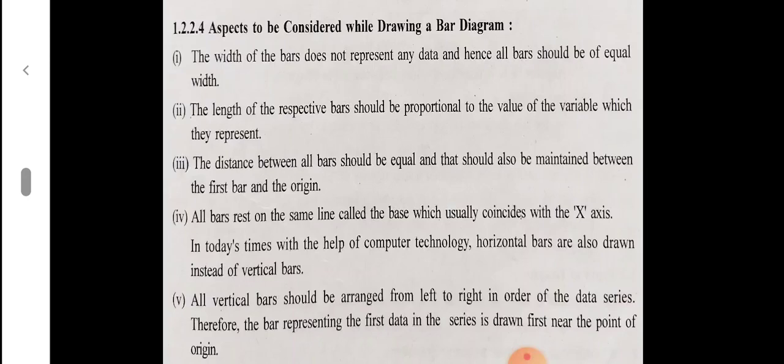Now we discuss aspects to be considered while drawing a bar diagram. The width of the bars does not represent any data, hence all bars should be of equal width. The value of variable is represented by y-axis, so its length represents the value, not width.